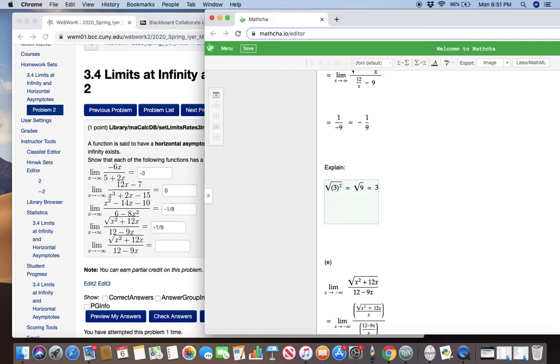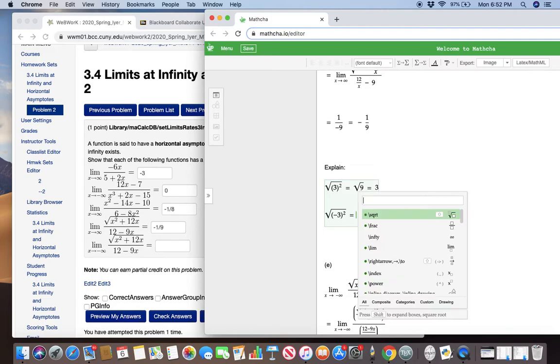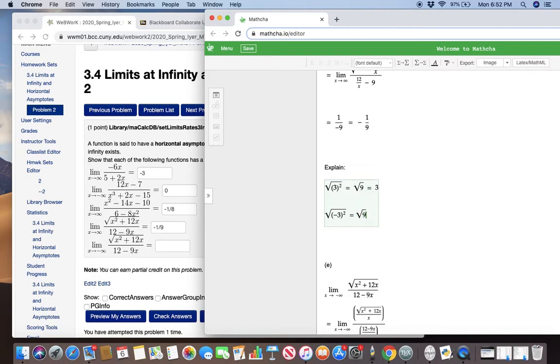On the other hand, if I take the square root of negative 3 to the power 2, I get the square root of 9 again, which is positive 3. So here there is an important distinction. When I put a positive number inside, I get a positive number outside. When I put a negative number inside, I get a positive number outside.